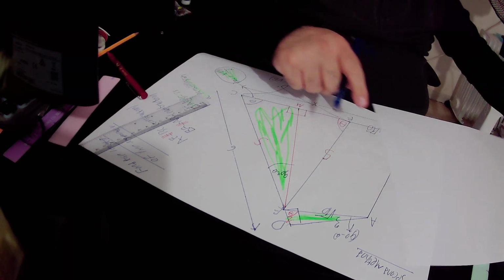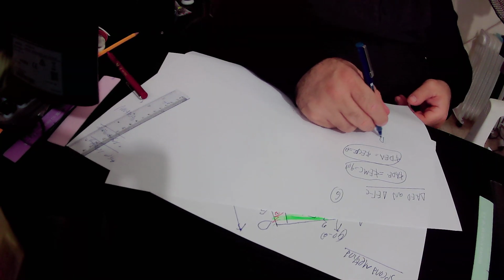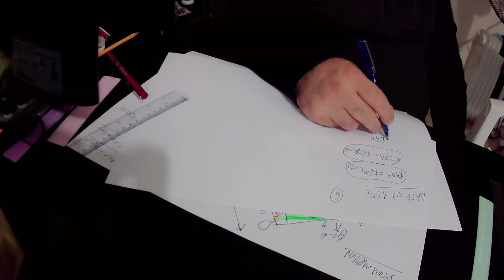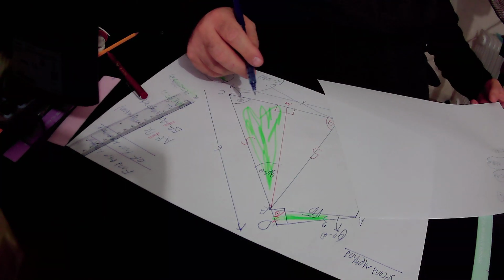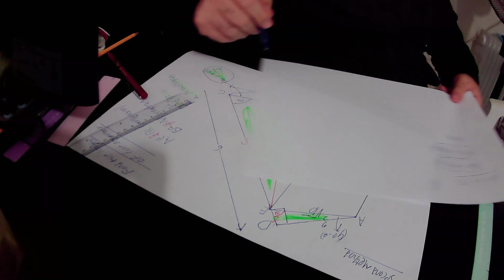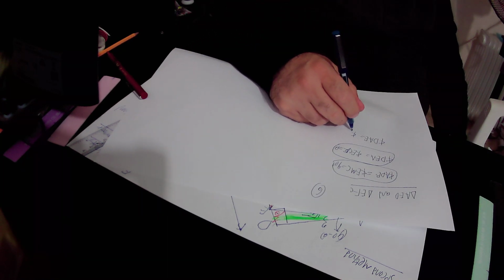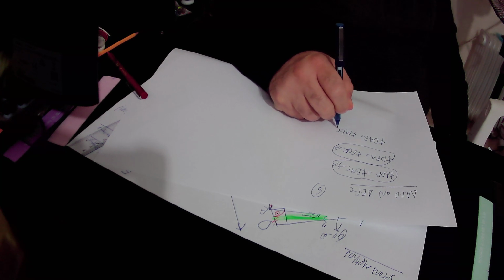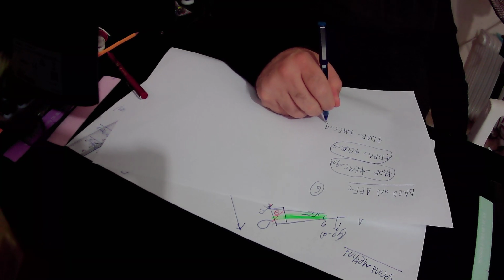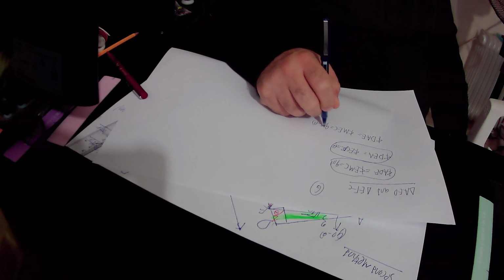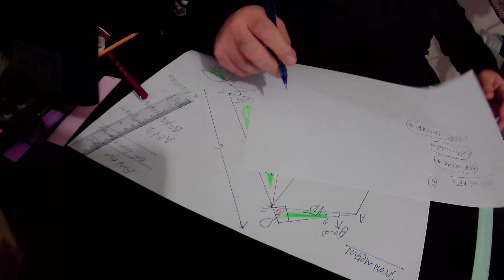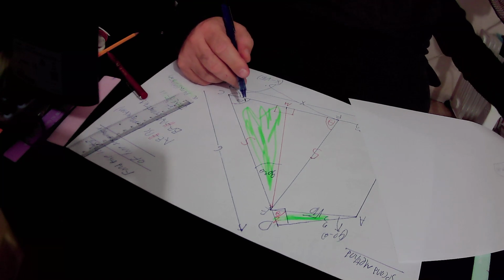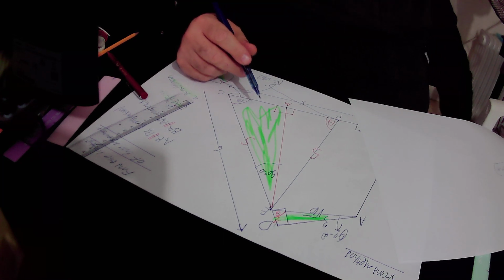So angle DAE equals angle MEC, and both those angles are equal to 90 degrees minus theta. So we prove that all three angles of triangle ADE are equal to all three angles of triangle EMC. Why?